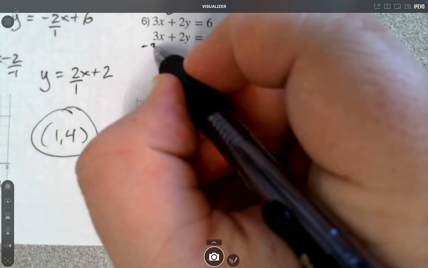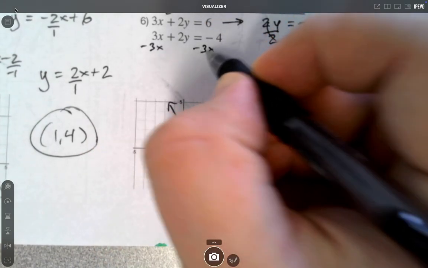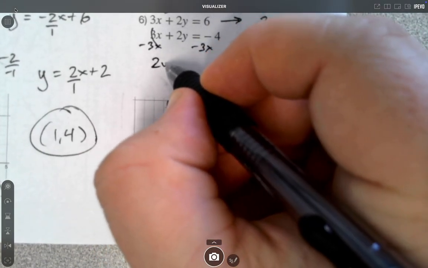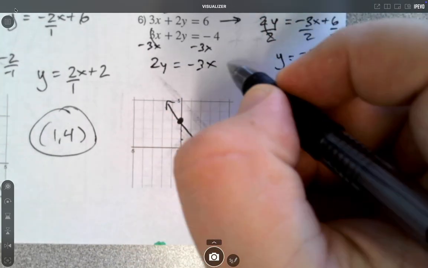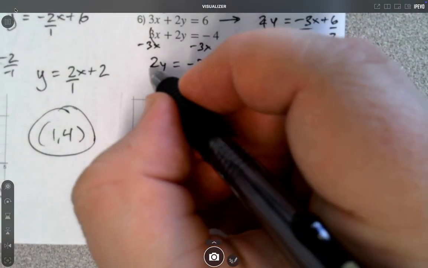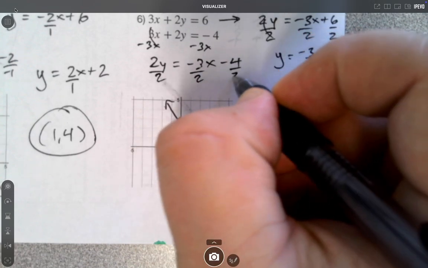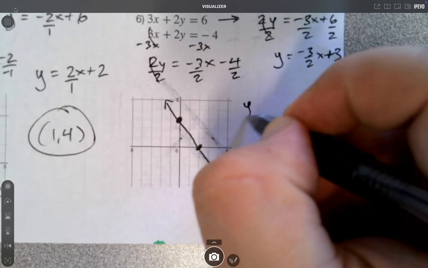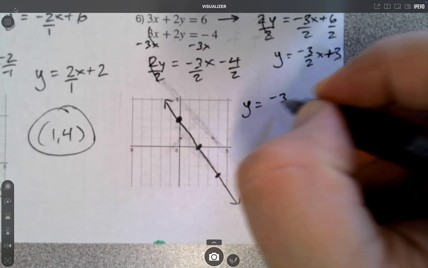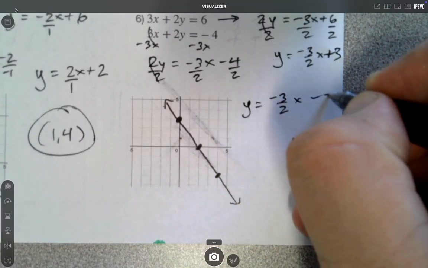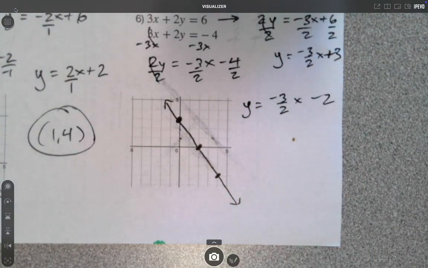Okay, on this one, we'll also subtract 3x from both sides. Then we'll divide everything by 2. So we get y equals -3/2 x minus 2, because 4 divided by 2 is 2.